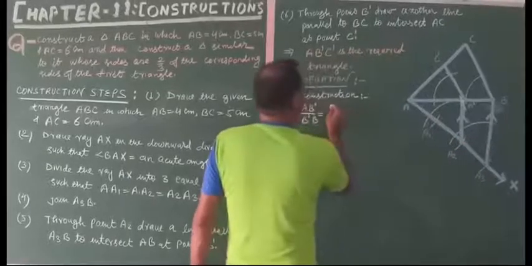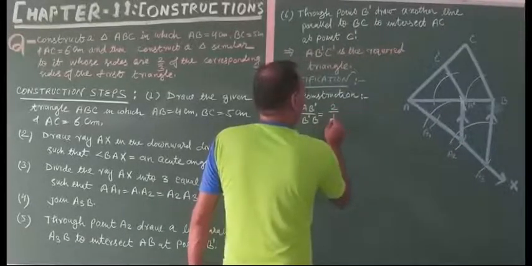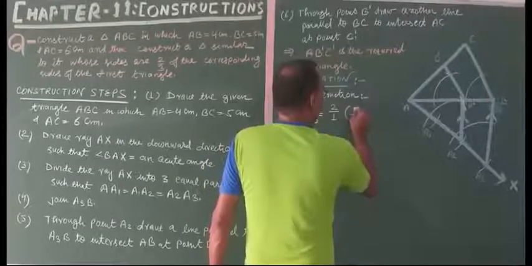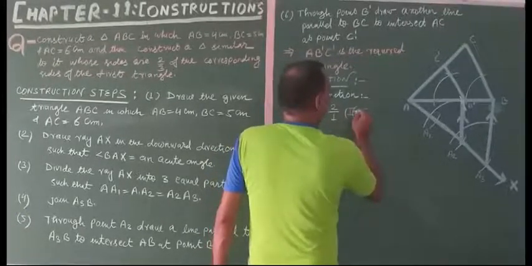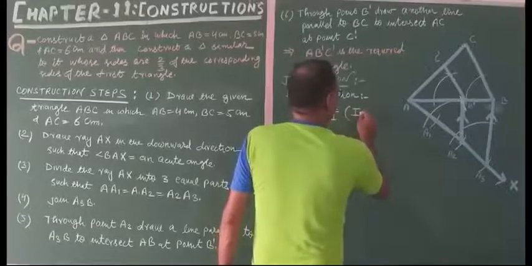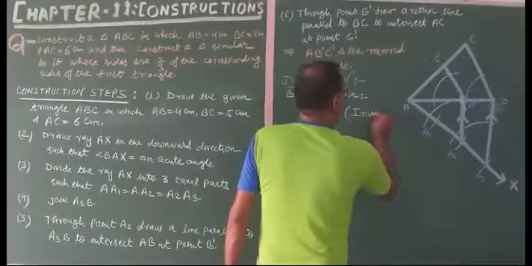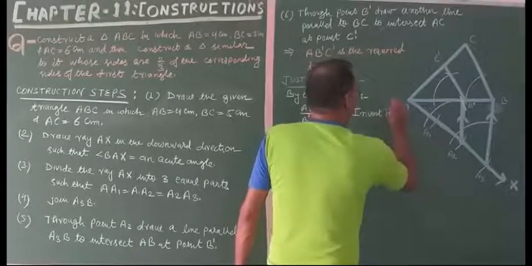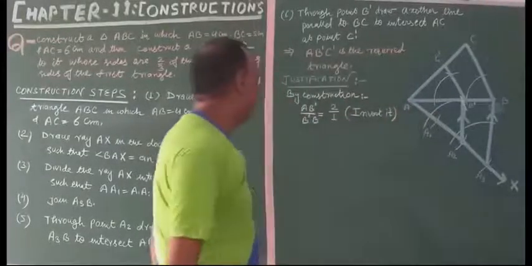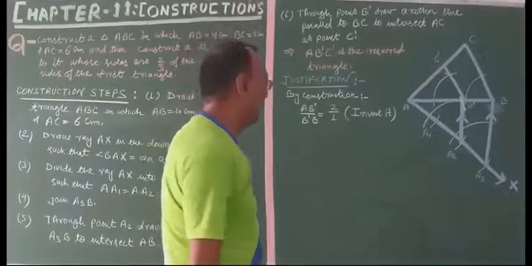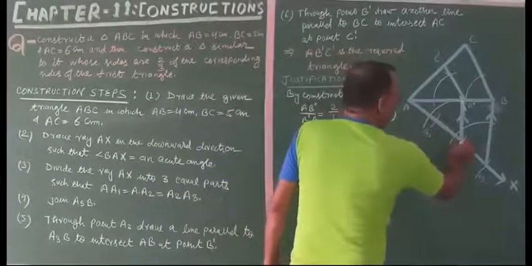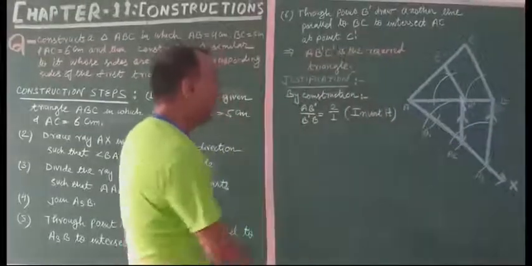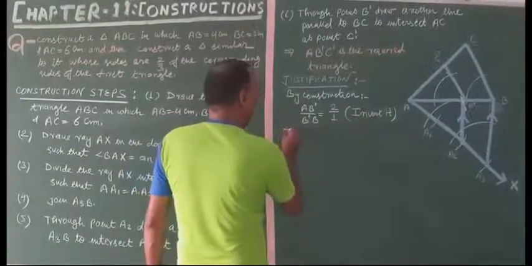This will be 2:1. What will happen? AB dash upon B dash B. Just look here. The second part. 2:1. Then invert it. So what will happen?